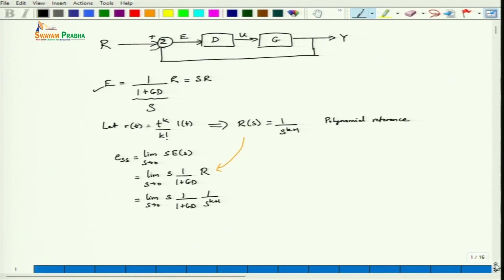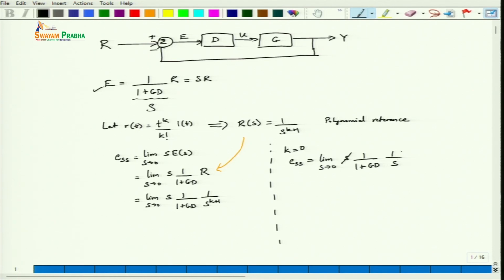Now in this expression, let us consider that if k is equal to 0, what happens? If k is equal to 0, the steady state error will be limit s tends to 0, s times 1 divided by 1 plus GD, divided by s.